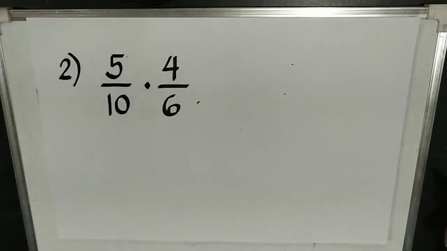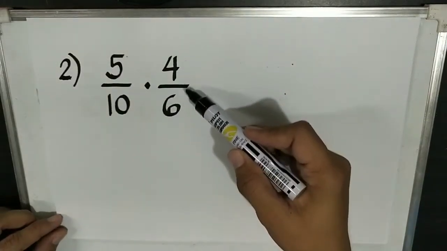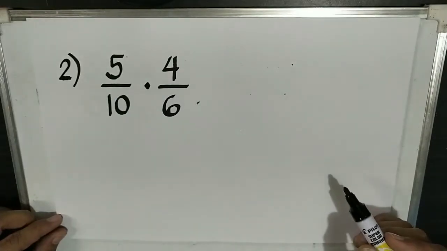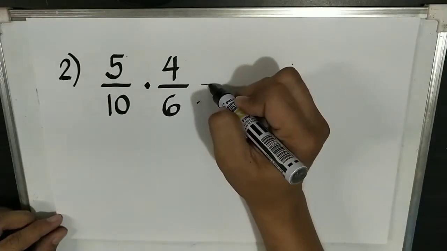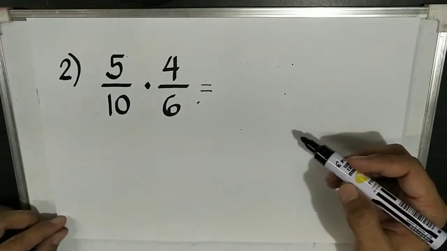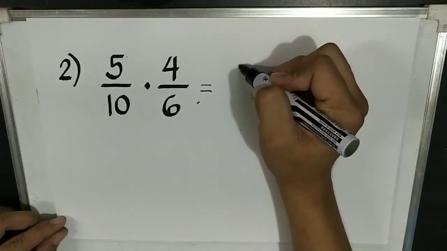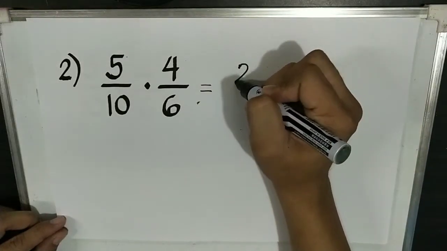Let's try this example. I have here 5/10 times 4/6. I can show you two methods in solving this. One is to multiply the numerators first, that is 20.